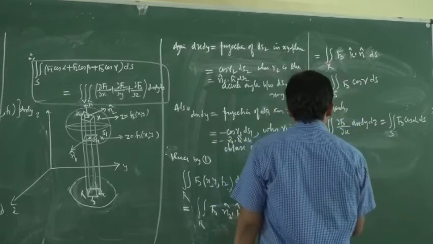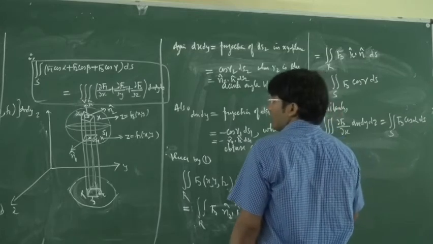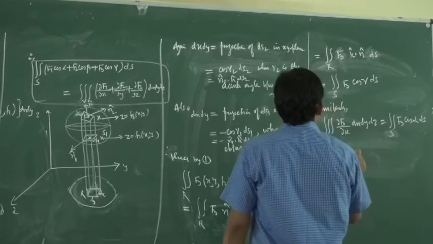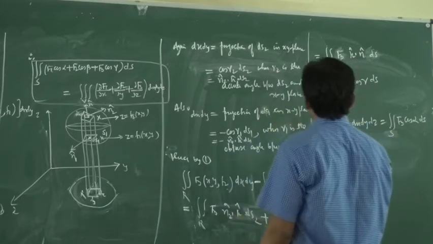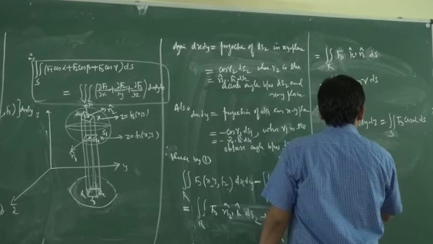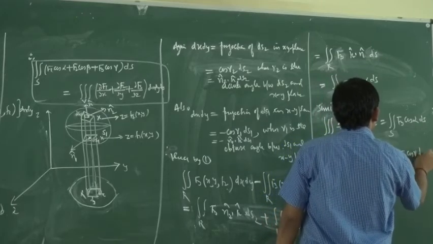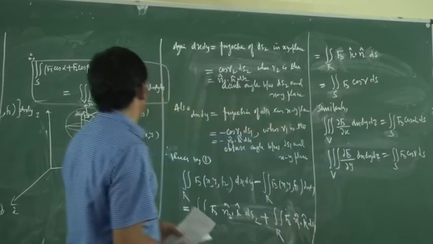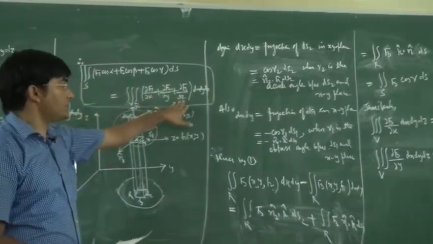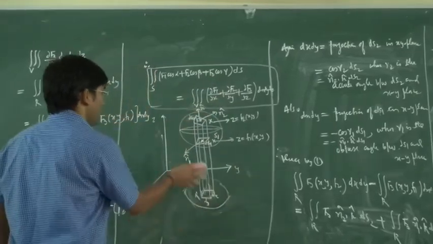Then we have the triple integral of del f2 upon del y dx dy dz equal to the surface integral of f2 cos beta dS. So we have the value of all the triple integrals.